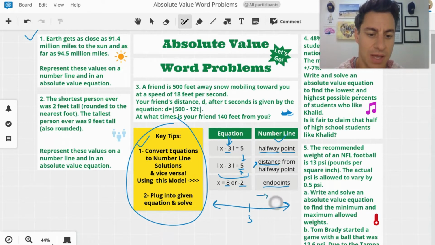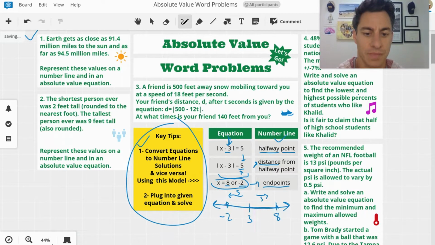So we're going to move 5 in this direction. We're going to end up at 8. And we're going to move 5 in the negative direction and end up at -2. And look at this. Our solutions, if we solve that equation, our endpoints, those are the solutions.